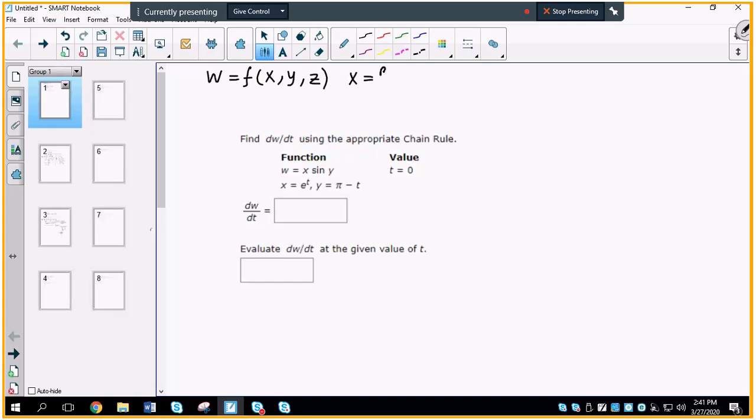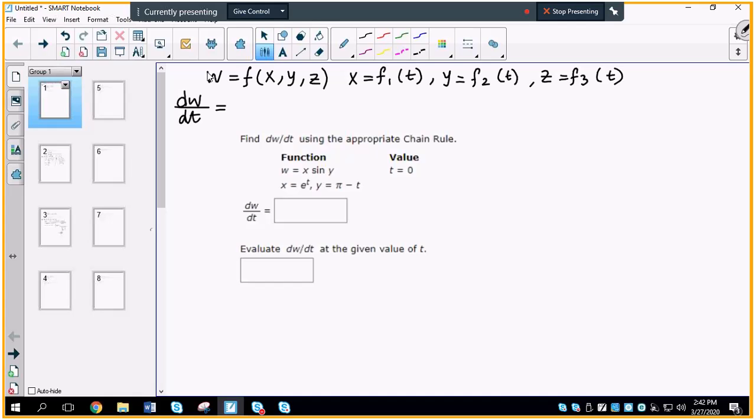So say x is a function of t, y is a function of t, and z is a function of t. So what if I want to know the rate of change of w with respect to time? So I want to know the total derivative dw dt, but I want to know it in terms of the partial derivatives.